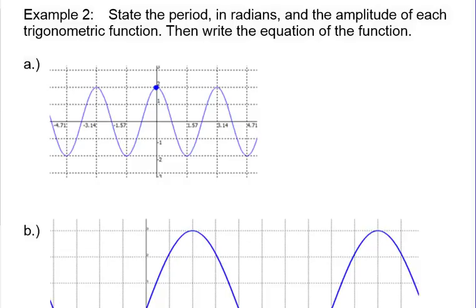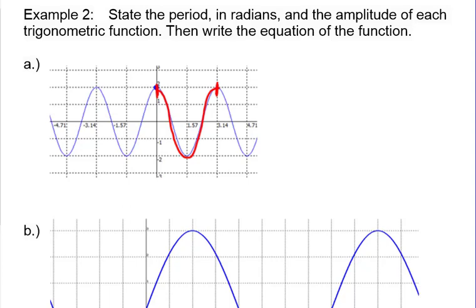So example 2, state the period in radians and the amplitude of each trigonometric function, then write the equation of the function. So a couple things, we want to find the period. The period happens when the graph starts to repeat. So really you can check any spot. So if we started there, when we would repeat our function would happen right there.